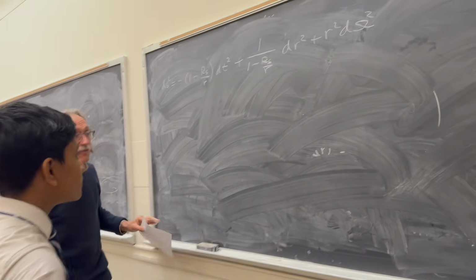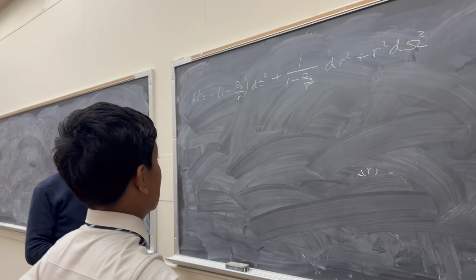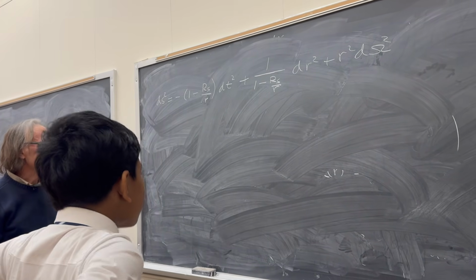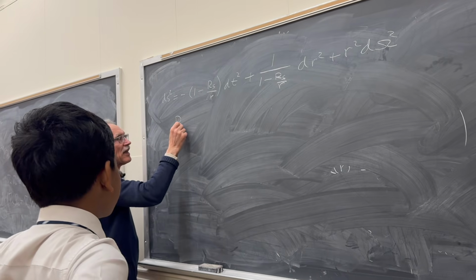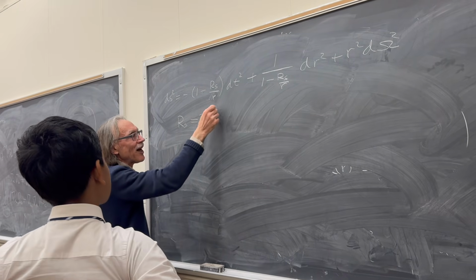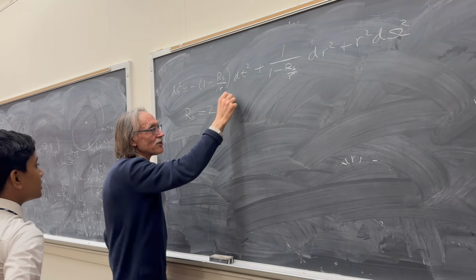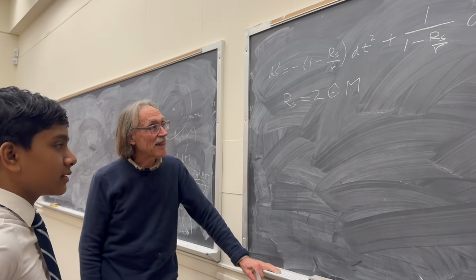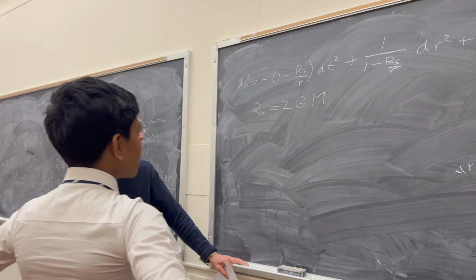That is what you get if you solve the equation. It is very simple, and rs is equal to 2 times the gravitational constant times the mass of the object.